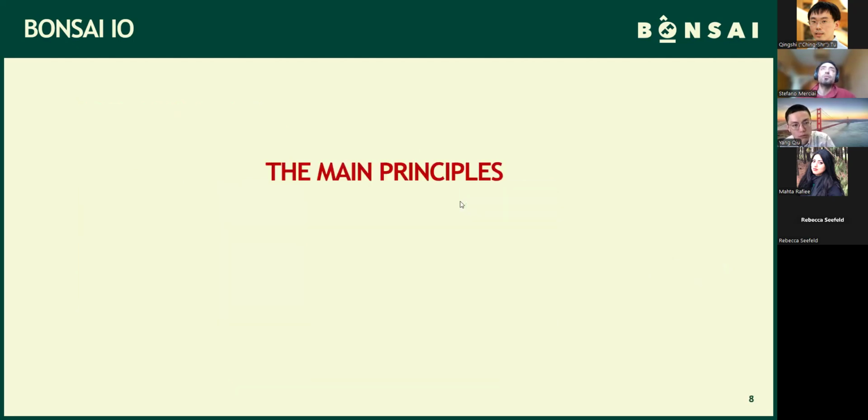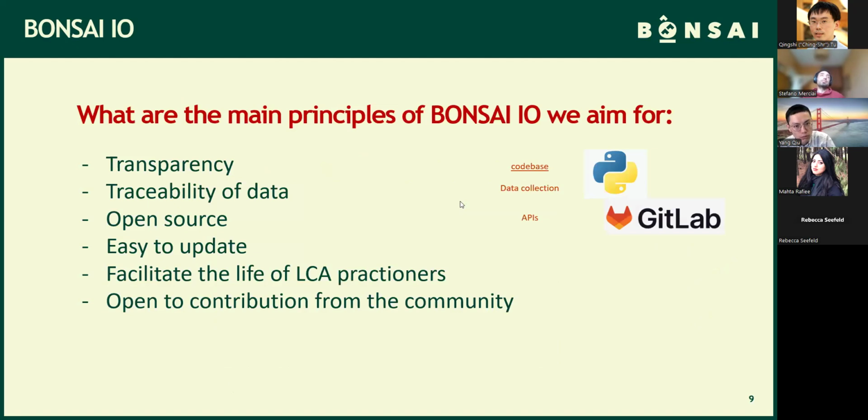So what are the main principles that are guiding us in this project? First of all, transparency. Because input-output tables are often perceived as a black box. You have these tables, then you get some result, but you don't know what is inside, how it has been built. We would like to break this perception and create something that is more transparent.